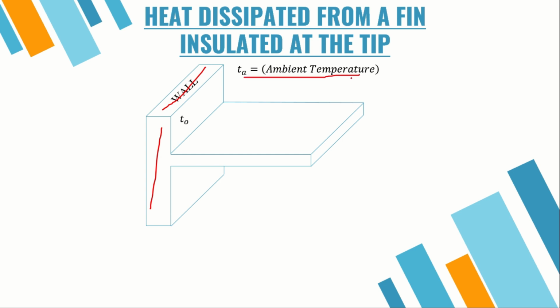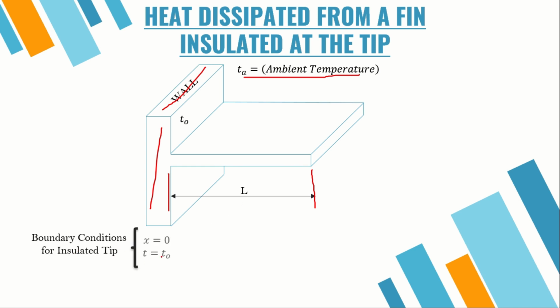TA here represents the ambient temperature, and L represents the length of the fin, that is from this to this, from the wall to the tip. Similarly, the boundary conditions: x is equal to 0 when T is equal to T naught, and x is equal to L when dT by dx is equal to 0.